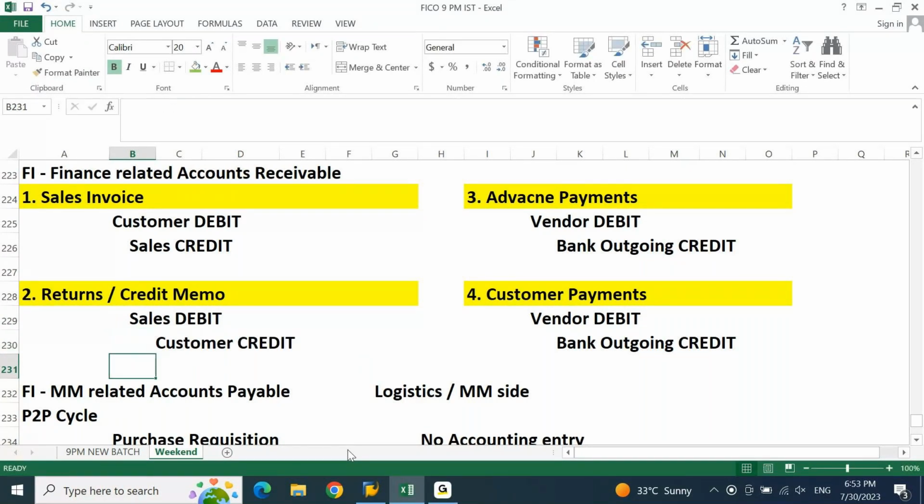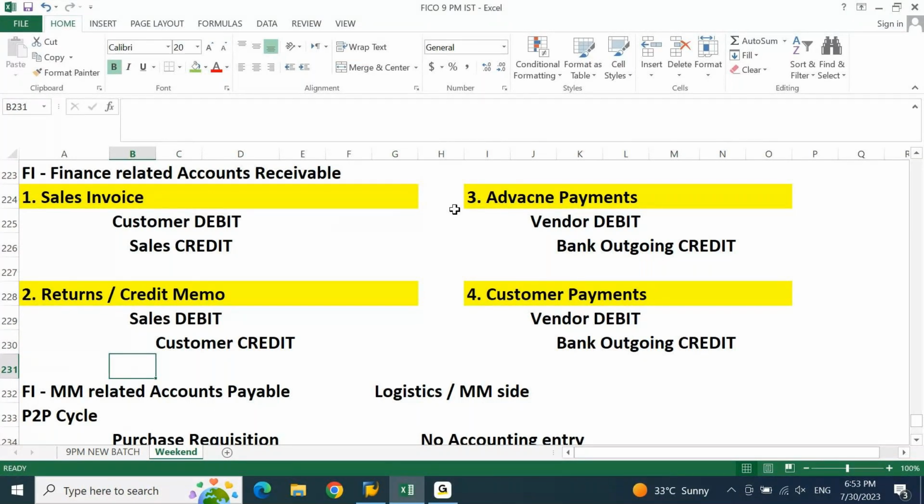So your returns entry is always the reverse or the ulta entry of your sales. On the sales, we are debiting a customer account, we are crediting sales account. When there is a return from the customer or when there is a credit memo for the customer, we are going to put sales account debit, customer account credit.